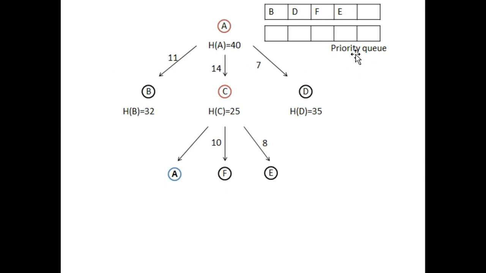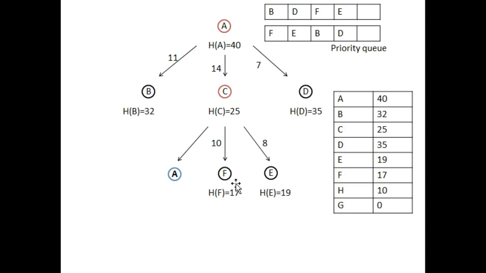यहाँ पे अभी फिर क्या होगा, again हम प्रायोरिटी सेट करेंगे by using the heuristic values. The heuristic value of F is 17 and the heuristic value of E is 19. Previously we had B and D. So when we put these two nodes in our queue, we will set the priority: F has the lowest heuristic value, so it will be at highest priority. हम क्या करेंगे, जो कि हमारे फ्रंट के ऊपर होता है उसको हम पहले विजिट करते हैं. तो फ्रंट के ऊपर किसको लेके आएंगे, जिसकी ह्यूरिस्टिक वैल्यू सबसे कम होगी.